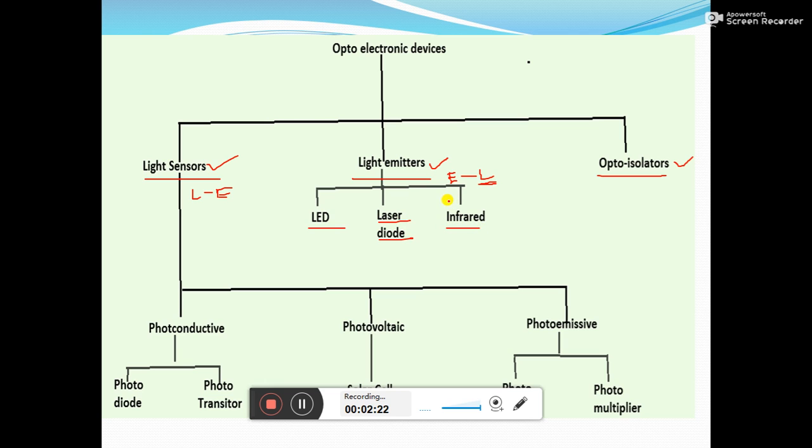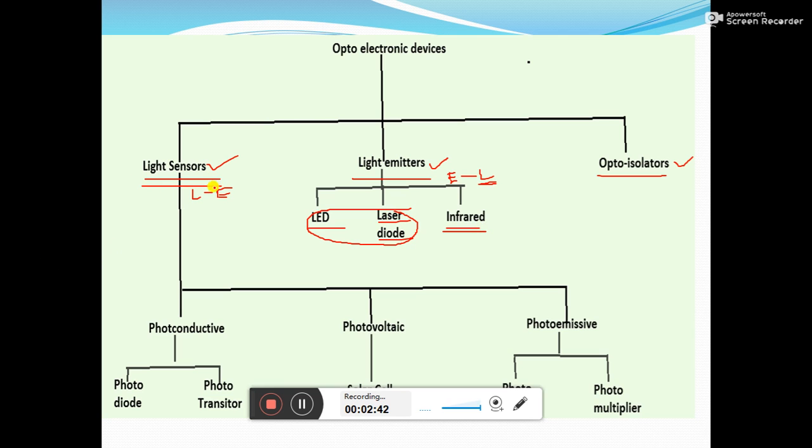In the case of LED and laser diodes, the light emitted is visible to the naked eye, whereas infrared light rays are invisible to the naked eye.